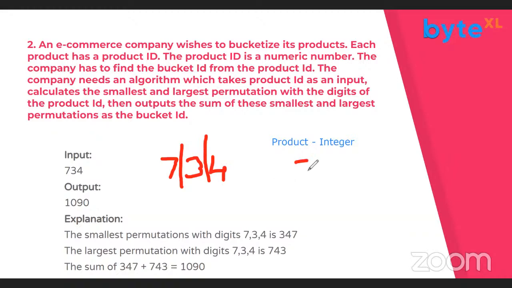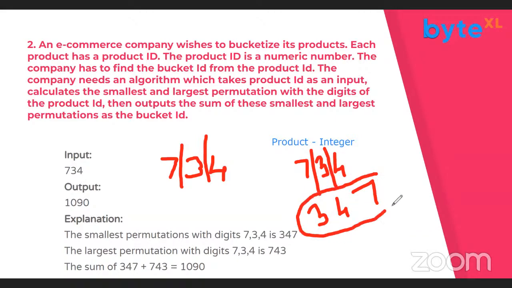So initially I take it as a whole number, split it into individual digits, sort them, and then once again club them as a whole number. This is the logic behind this particular question.